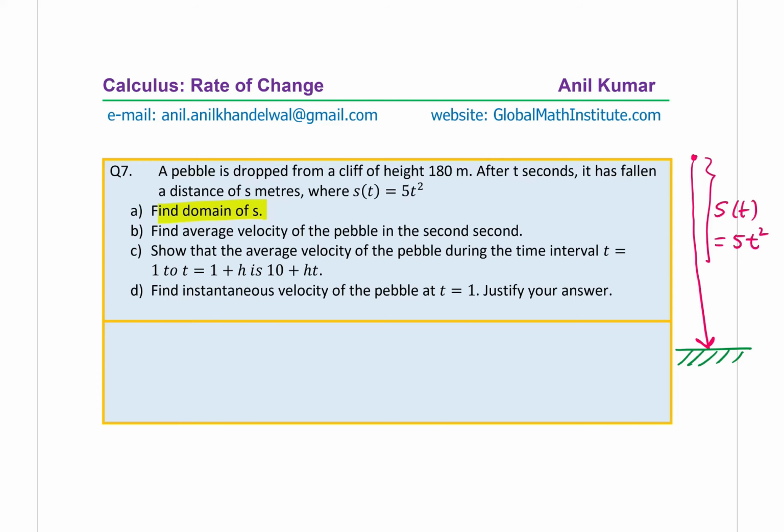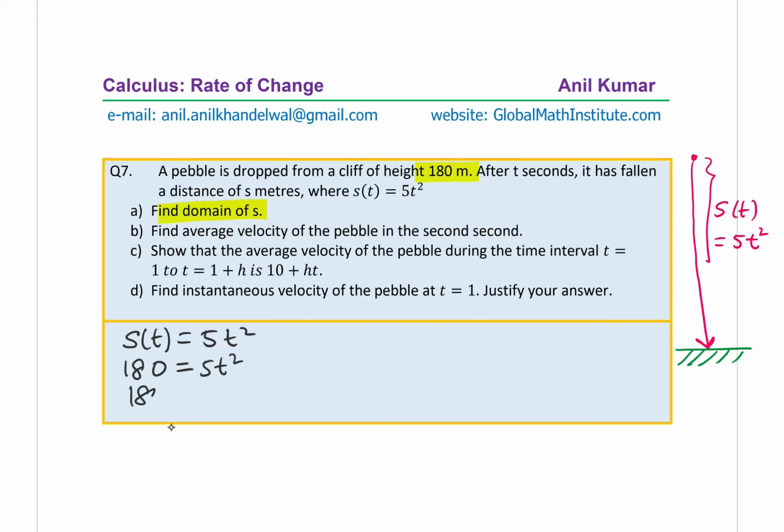Now the equation, let me write it down here and then we'll work it out. We have s of t equal to 5t squared. And the total distance, the height given to us, is 180 meters. So substitute this s of t with 180. So we have to travel a total of 180 meters, equals 5t squared.